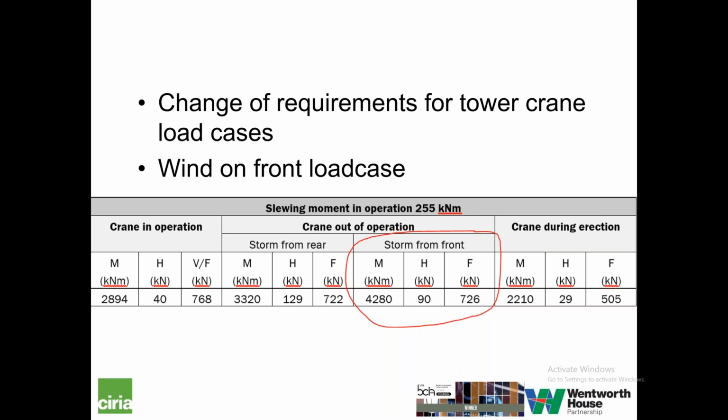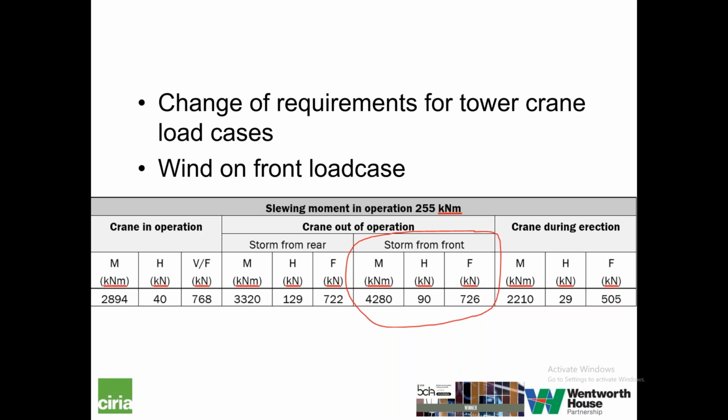This load case came about because there were some examples of cranes which had suffered from wind loading to the front and had failed as a result. This condition can occur if a crane is adjacent to a very tall building, and the buffeting effect of the wake can send the crane spinning round, which means it gets wind on the front.